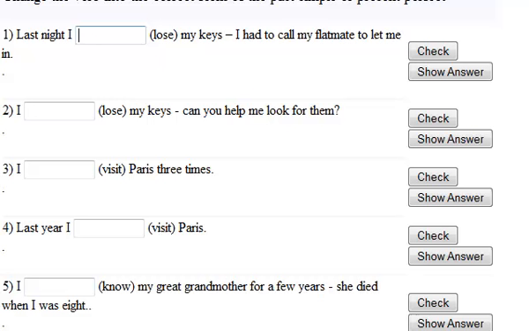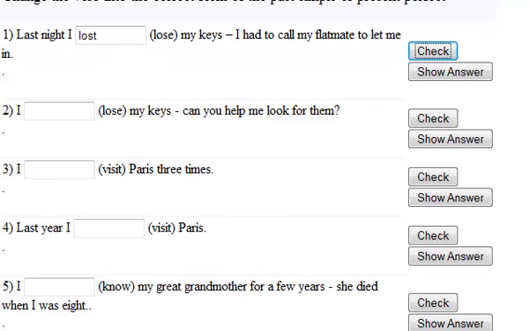Does this have any connection to the present? Actually, no. This was last night and I had to call my flatmate to let me in, so we have to understand that this action happened and finished in the past.